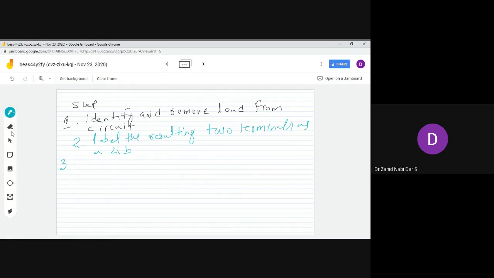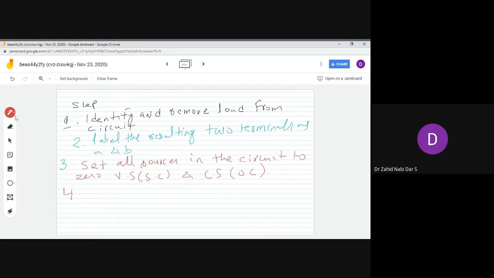So the third step is to set all sources in the circuit to zero: voltage source Vs short circuit and current source open circuit.